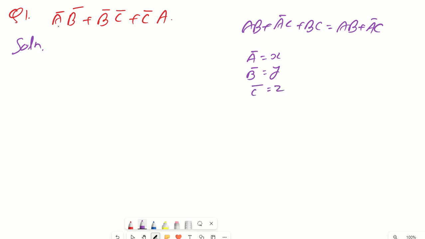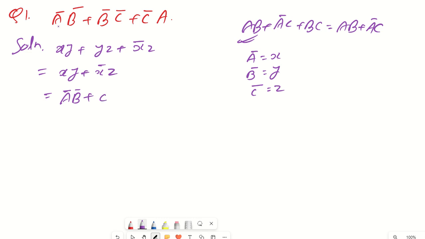So what will happen here? I can write XY plus YZ plus X bar Z. Does it look like this? So I can write XY plus X bar Z, which is nothing but A bar B bar plus, since X bar is A, A C bar.